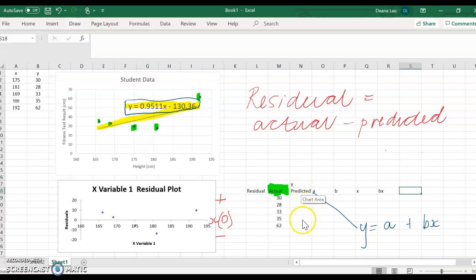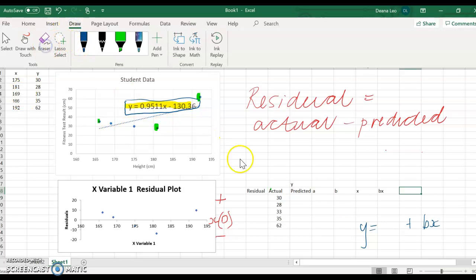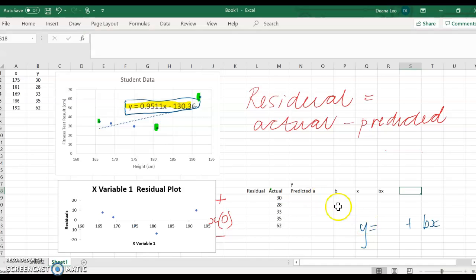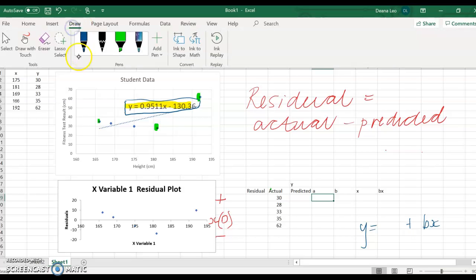We have to work out this y column by substituting in. Okay, so our a, remember, is sitting up here really. Our y equals a plus bx.